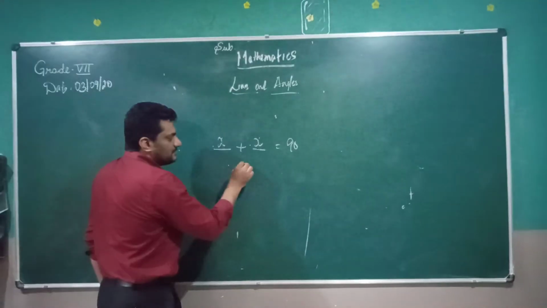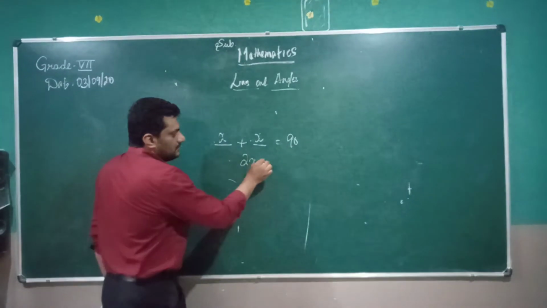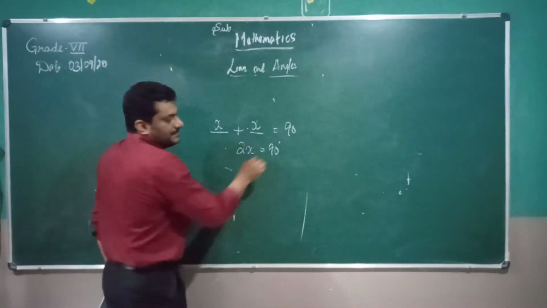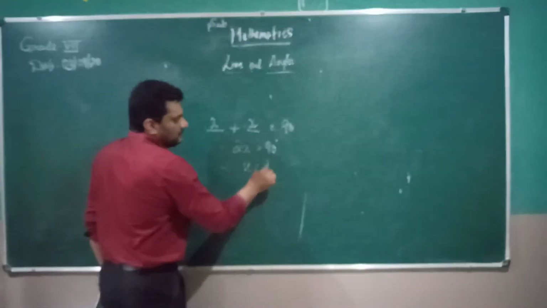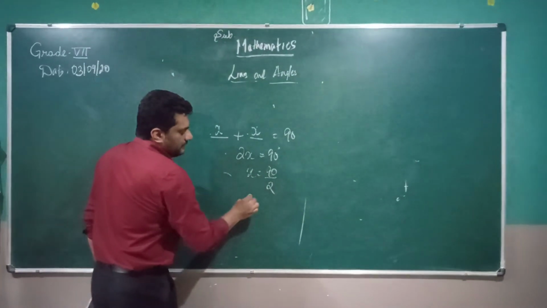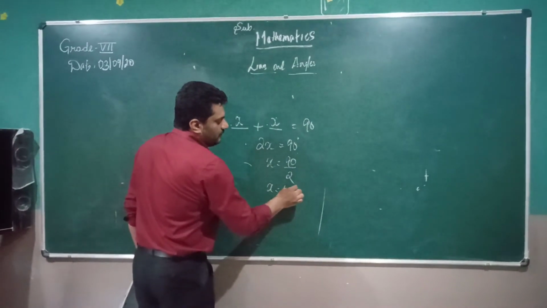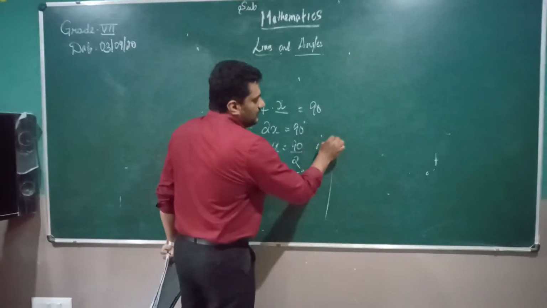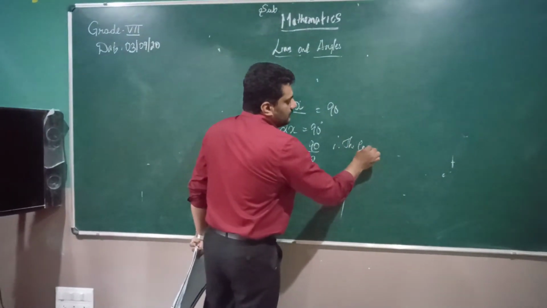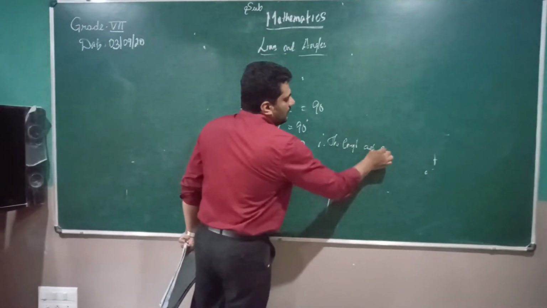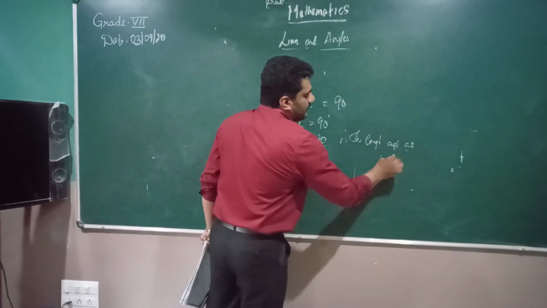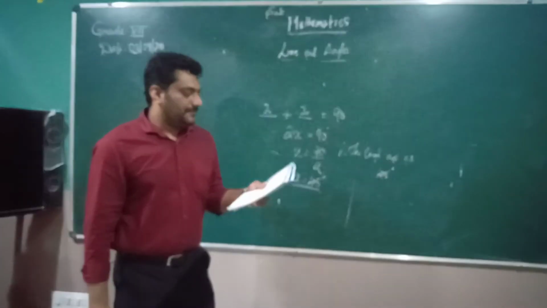So when I add these two, we get 2x, which is equal to 90 degrees. So x is equal to 90 by 2, x is equal to 45 degrees. Therefore, the complementary angle is 45 degrees. This is how we find.